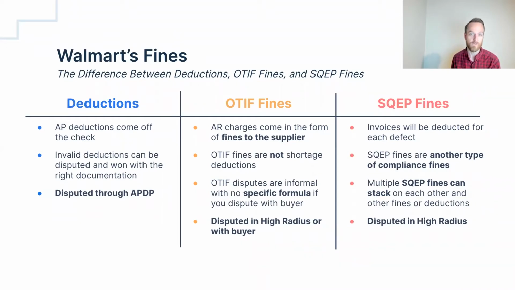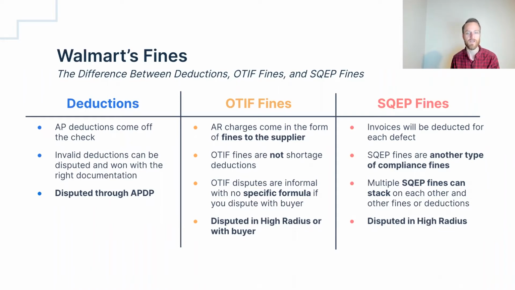SQEP is Walmart's new compliance program, and it is also independent of these other charge sources. The main takeaway from this is that these are all independent charge types. You can dispute them in various ways, but even if you dispute one charge on a PO, say an AP shortage deduction, that's not necessarily going to wipe away the OTIF charge.